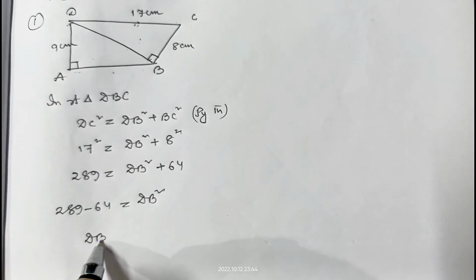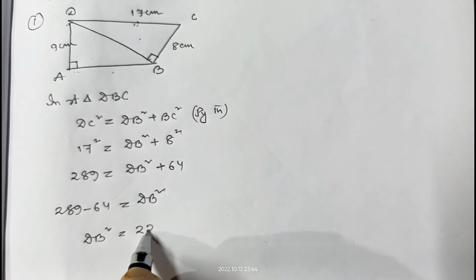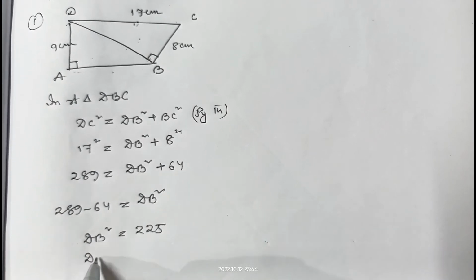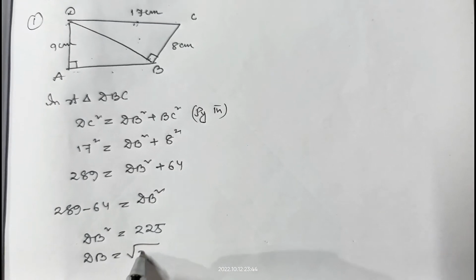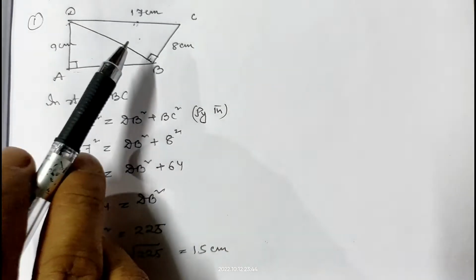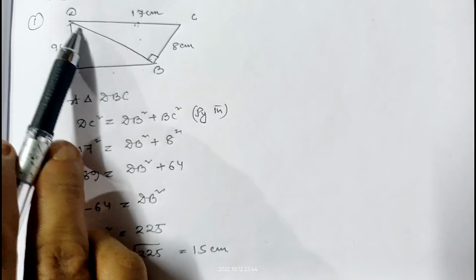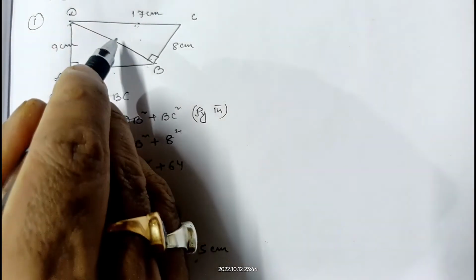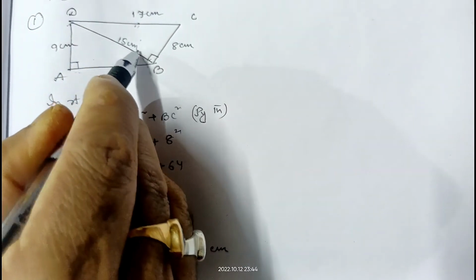So DB square will be 225. So DB will be root over 225, which gives 15, because 15 square is 225, so it will be 15 centimeters. So in this triangle, by using Pythagoras theorem, we got DB as 15 centimeters. Here we can write 15 centimeters.